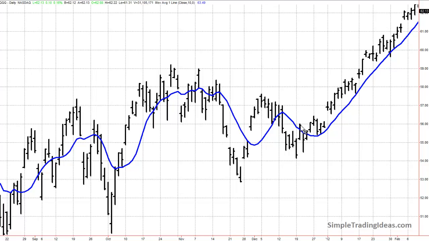You want very specific things in order to eliminate subjectivity. So in this case, we would look at this and say, if the close of the day is above the moving average, we're taking that as a bullish sign. Okay, and that's the classic interpretation of the moving averages.